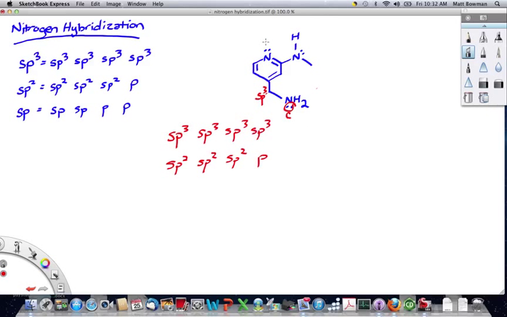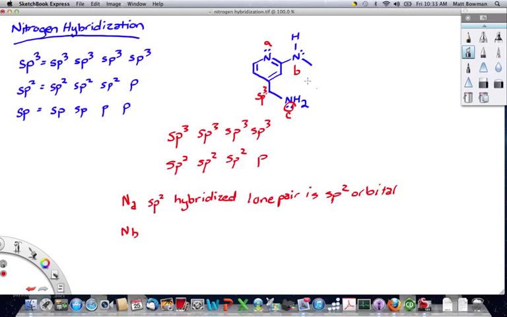So, to recap, nitrogen A is sp2 hybridized. Its lone pair is in an sp2 orbital. And you use geometry to determine whether it's sp2 or sp. Nitrogen B is also sp2 hybridized.